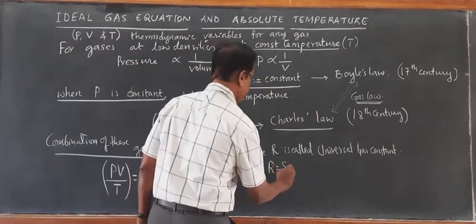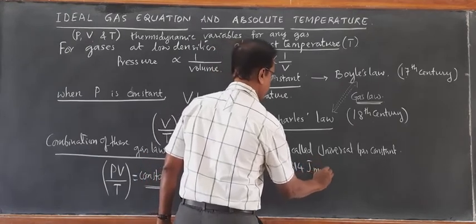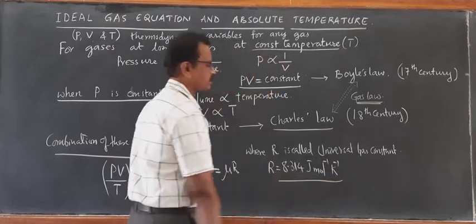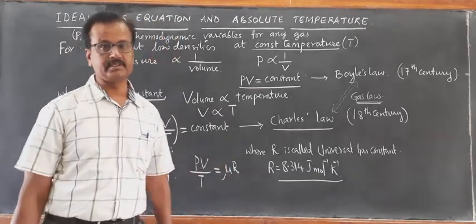It is 8.314 joule per mole per Kelvin, where you know Kelvin is the SI unit of temperature.